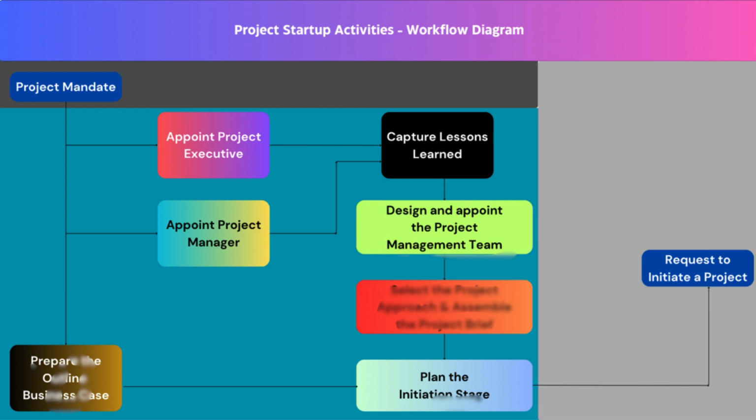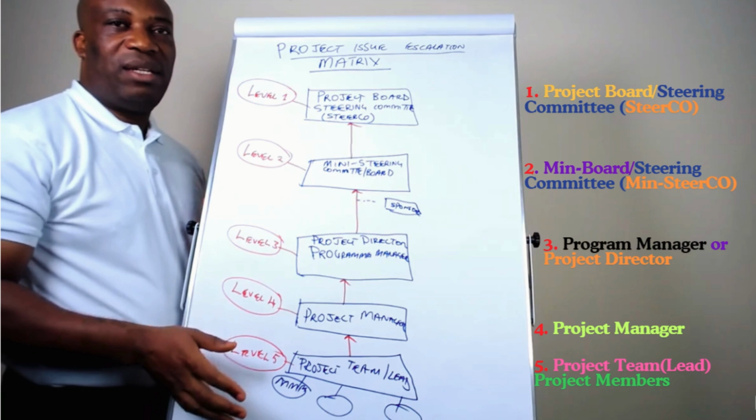Now, you have managed to pick up the lessons from the previous projects. The next stage is to come up with a project governance structure. Project governance structure is nothing other than the team structure, how you expect the project to be run. In most cases, the governance structure has got the project board, and also you have either a mini project board or a change board.